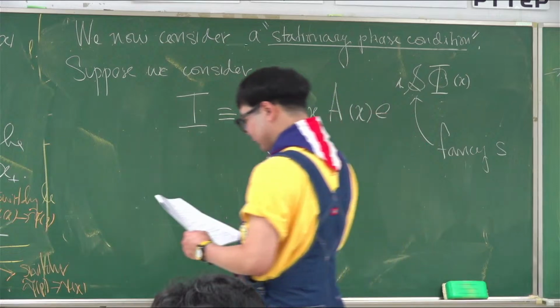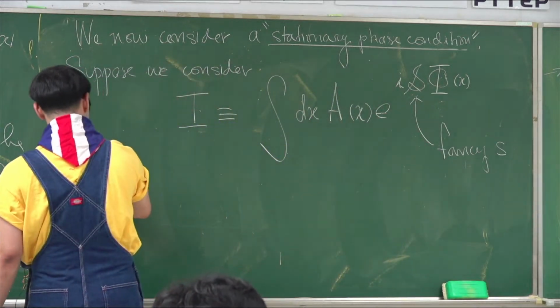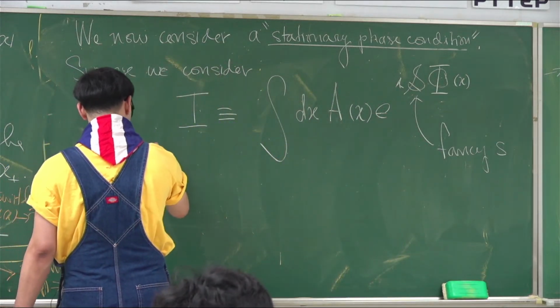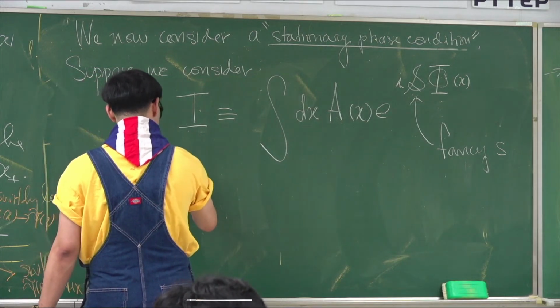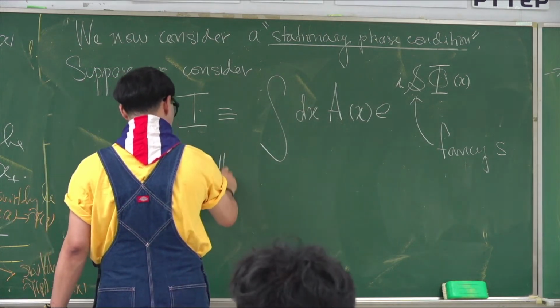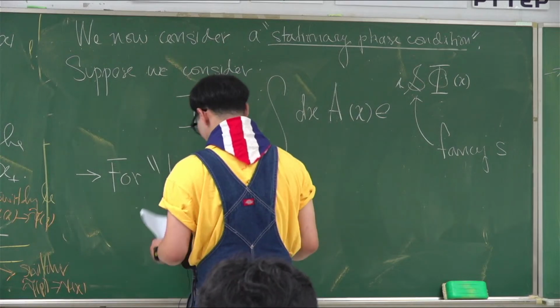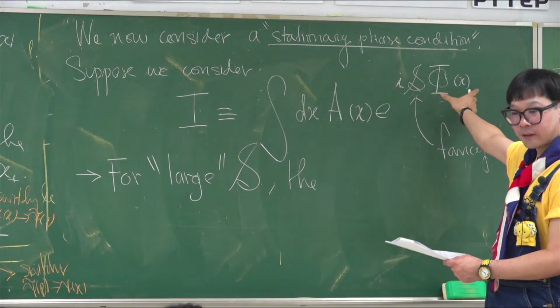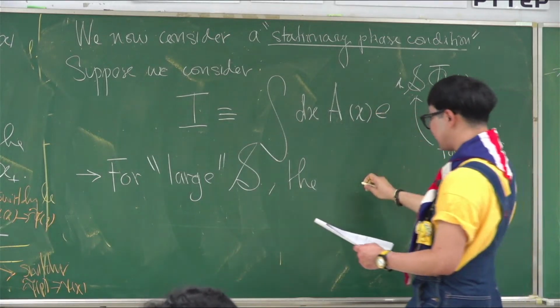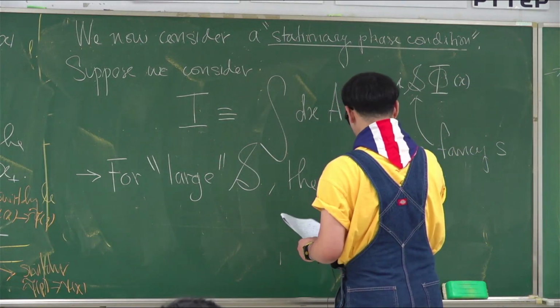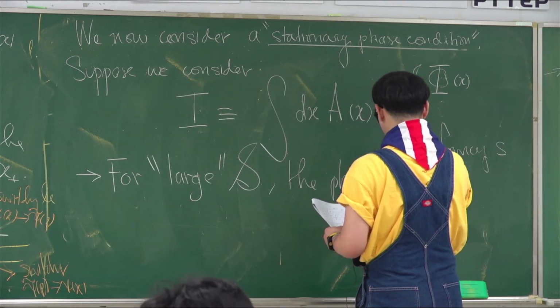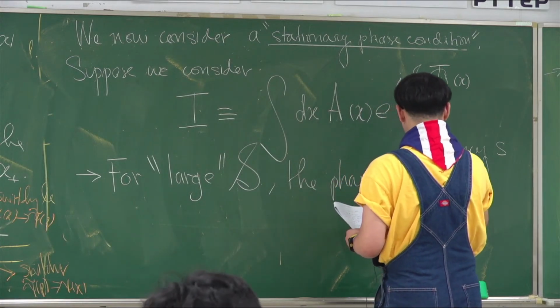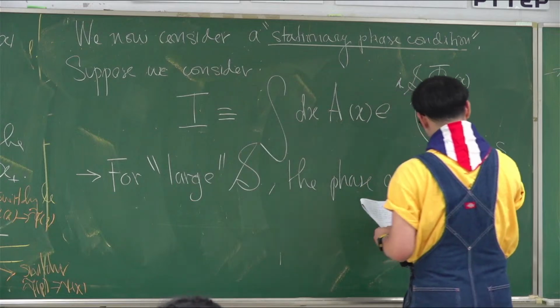Of course, you know that for large fancy S, the phase is going to represent the phase of the function, right? The phase will oscillate very quickly, right?